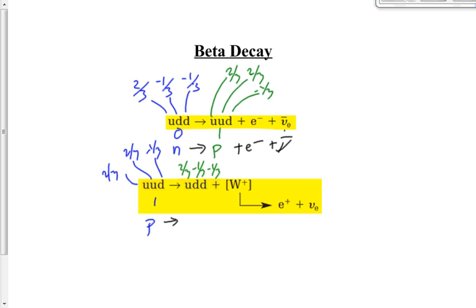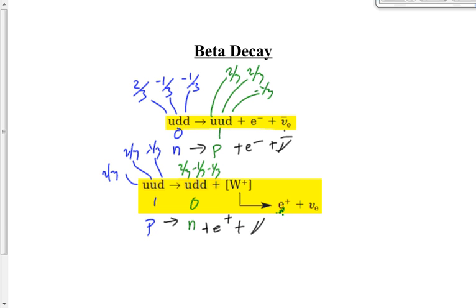Adds up to give me 0, which is a neutron. Look, a proton changes into a neutron, plus a positron and a neutrino, an electron neutrino.